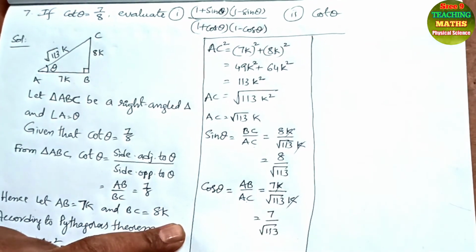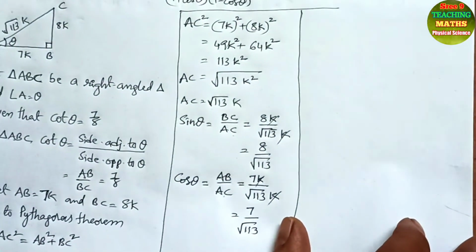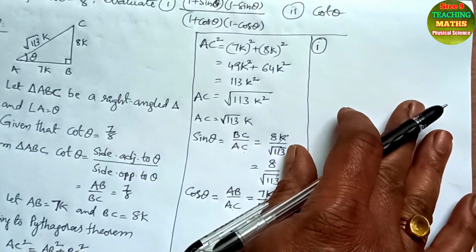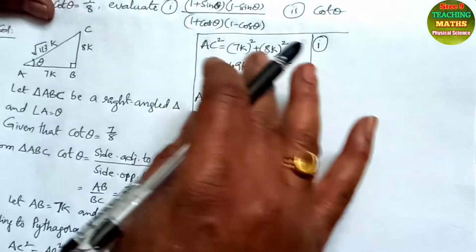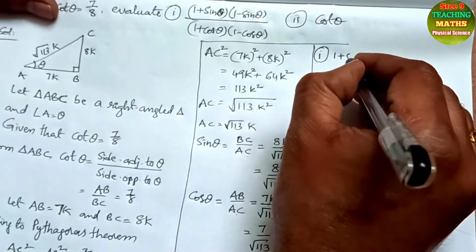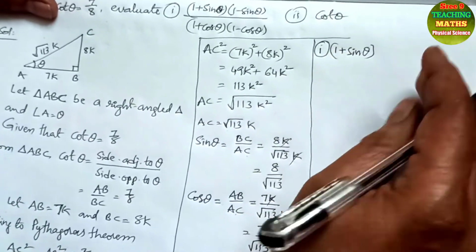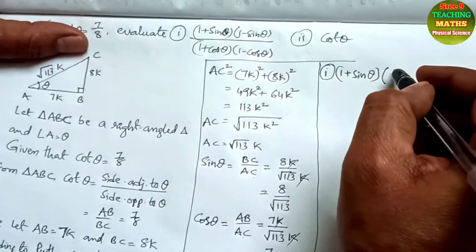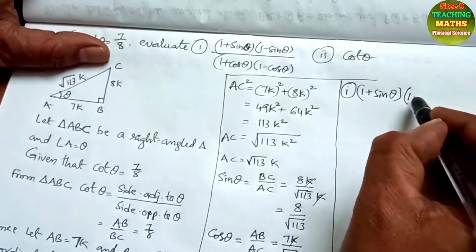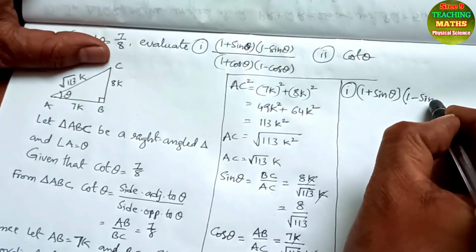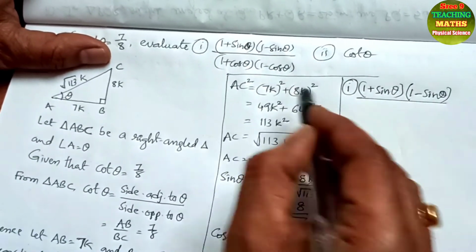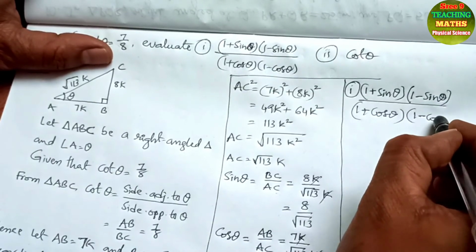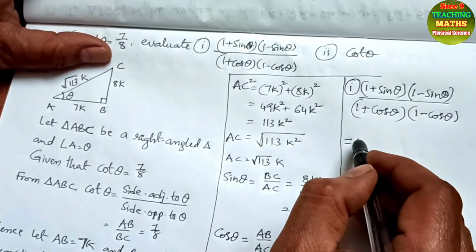We find the value of the given expression. So what is the problem here? 1 plus sine theta into 1 minus sine theta by 1 plus cos theta into 1 minus cos theta is equal to, let us substitute the values.